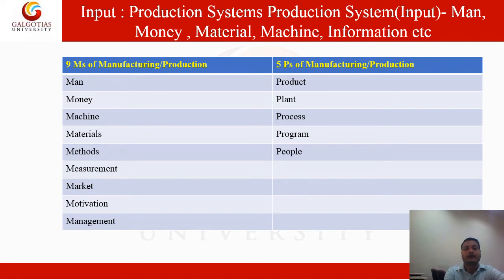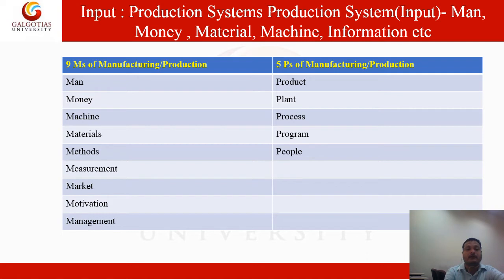Money is the capital which we are investing in our establishment. Machines are the equipment used for production. Materials are raw materials. Methods means the process through which we are converting inputs into output, or the process through which we are making this production.